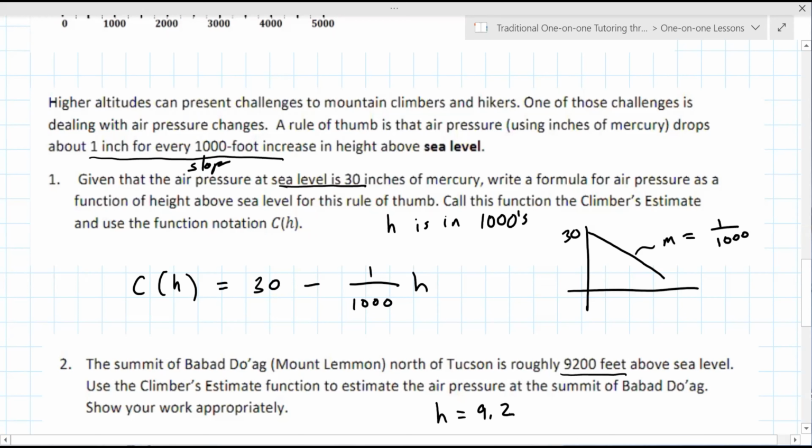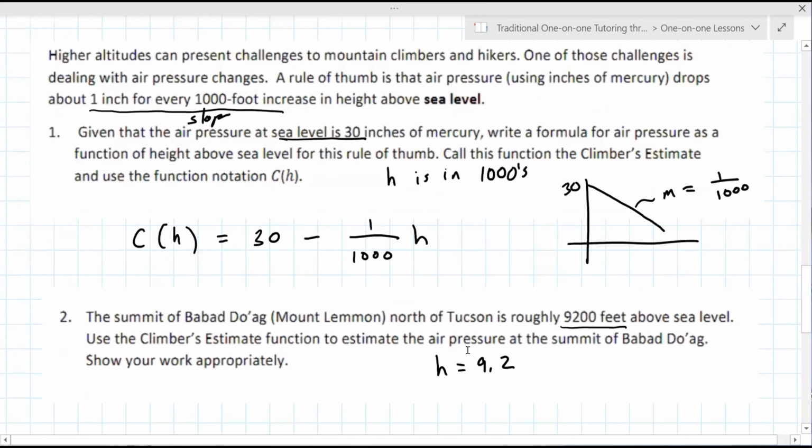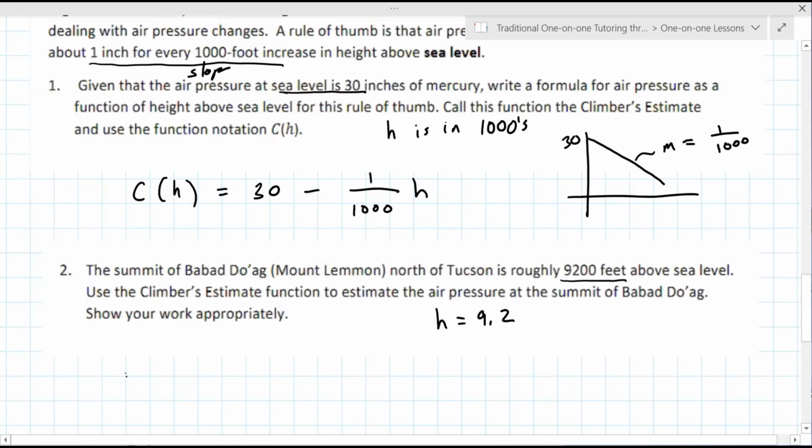Oh, okay. So it tries to trick you a little bit. Yeah, and I think that's why the units are different. Why does that matter? Well, you're doing C of 9.2, 30 minus 1 over 1,000 times 9.2. But then this wouldn't be right. Maybe it is.